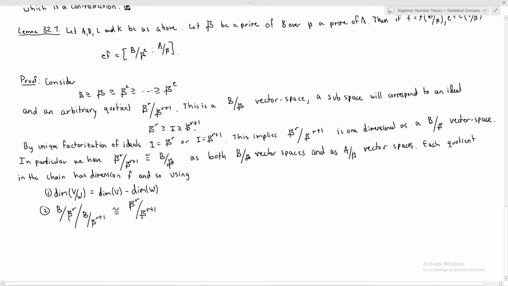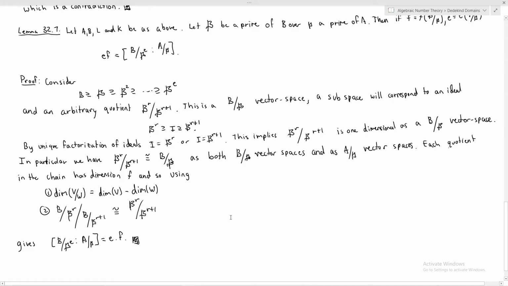Using these two facts, stitching them together, gives the desired result: that the degree of the whole quotient, the dimension of this vector space, is equal to E times F. Okay.